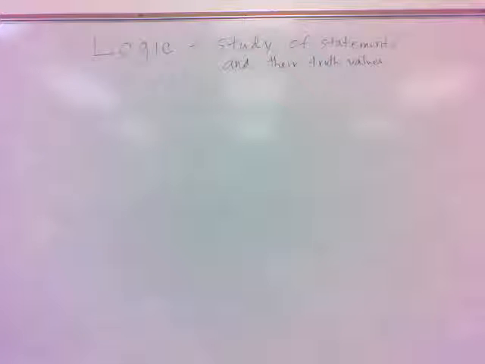In logic, you break everything up into a statement. And by statement, we mean anything that can have a true value or a false value. It doesn't have to be always true or always false. It can be true sometimes, false sometimes. But that's what we're studying in logic: statements and their truth values, and then we'll get into compound statements and all that good stuff.